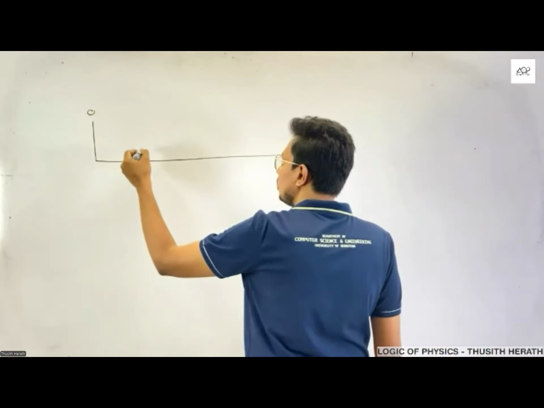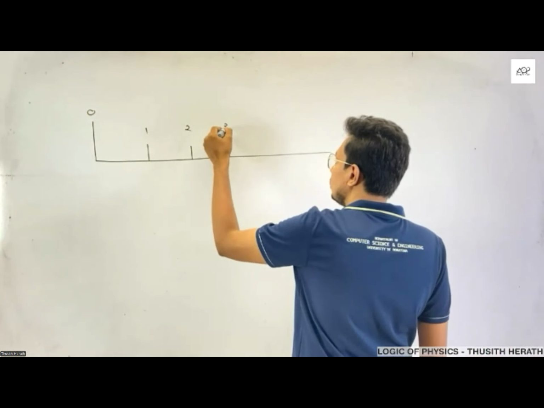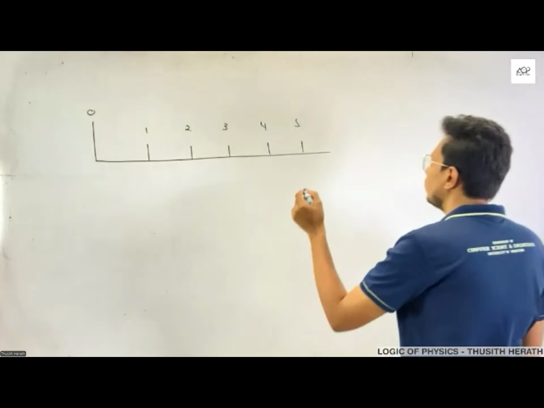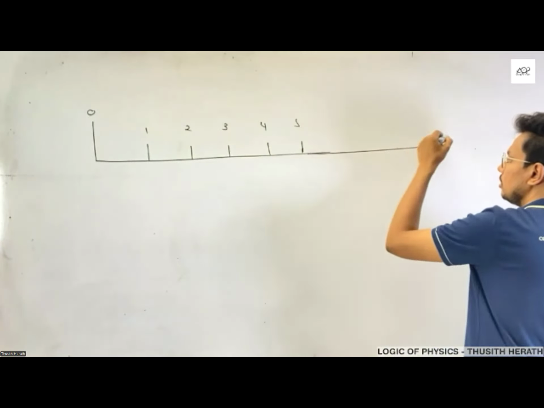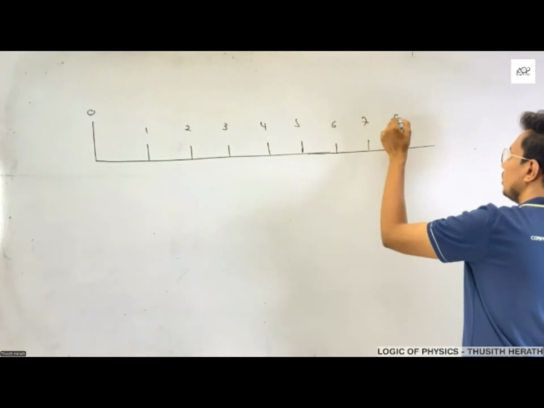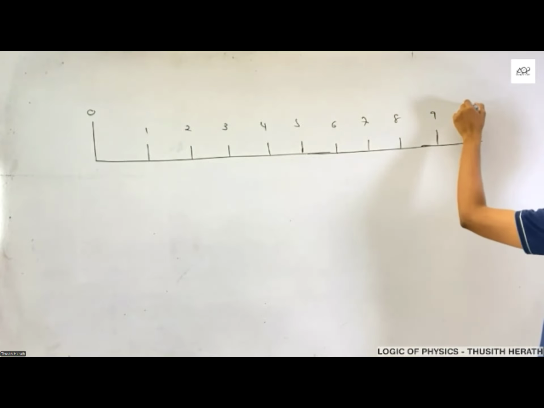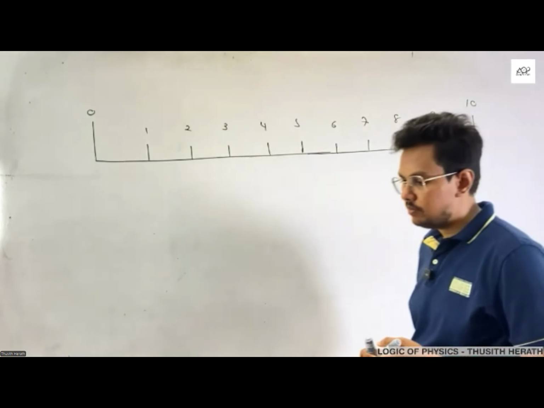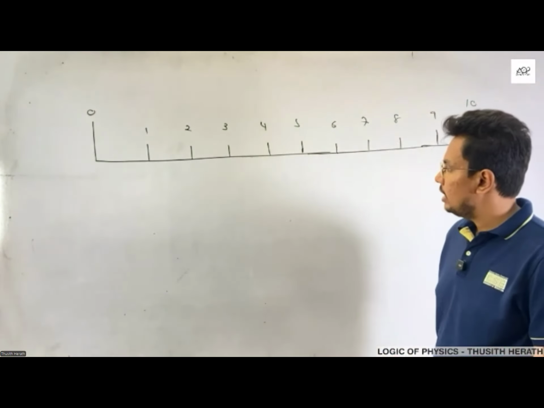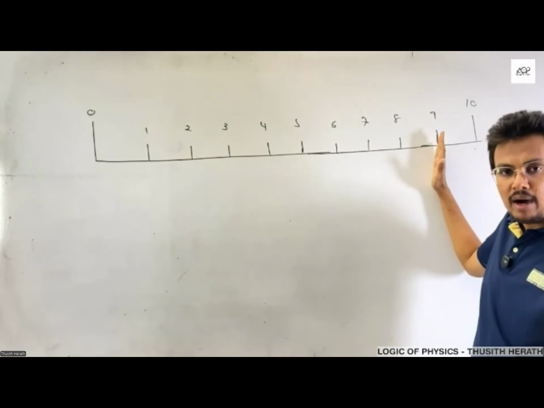0, 1, 2, 3, 4, 5, 6, 7, 8, 9, right? And 10 is there. But the Vernier scale is produced by dividing 9 1-millimeter parts into 10 equal parts.